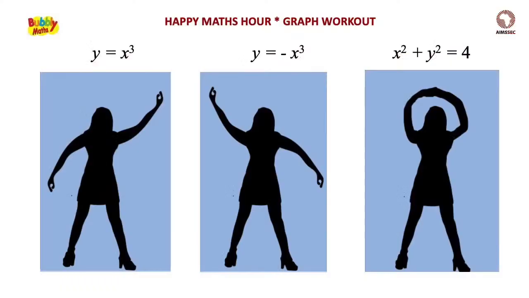And the last one is x squared plus y squared equals 4. And this is a circle. And Caroline, you've got to duck down a bit so the center is at the origin. Okay. Now try and make your arms into a circle. They're a bit angled at the elbows.